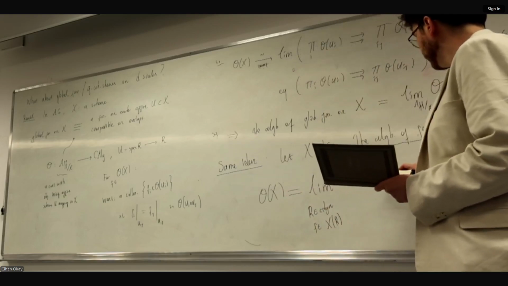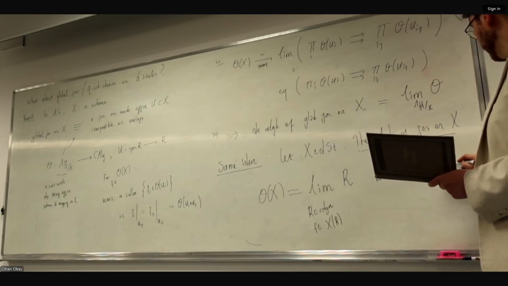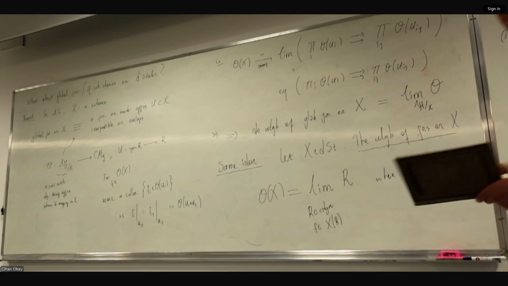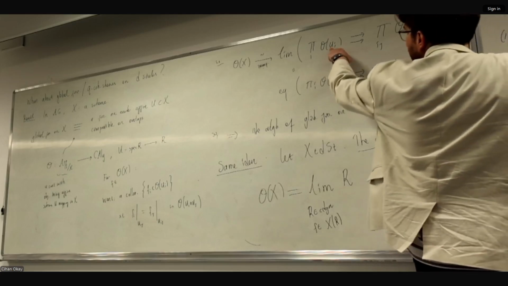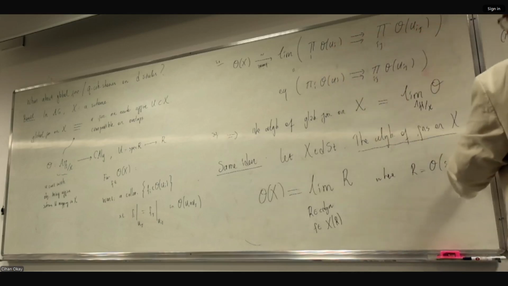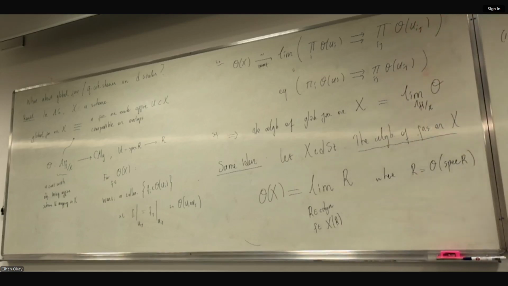Here, this R is nothing but O of Spec R. So what we are doing here, just replace everything with Spec R, and the triple intersections and the higher intersections like that. We just consider the homotopy limit of this thing.